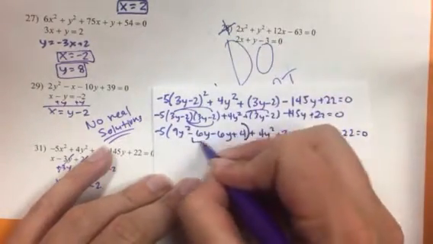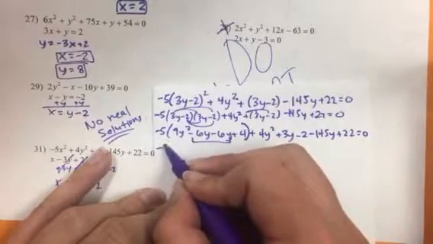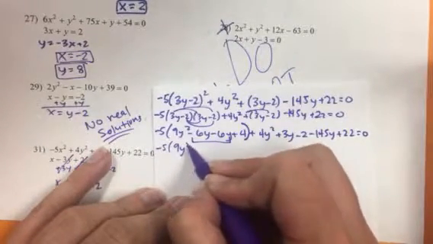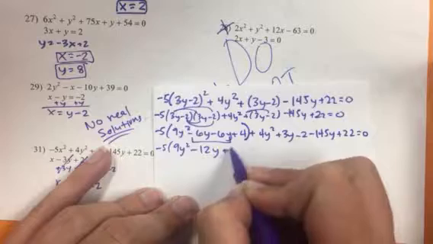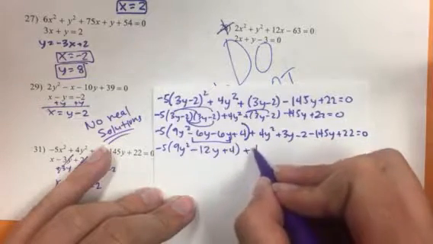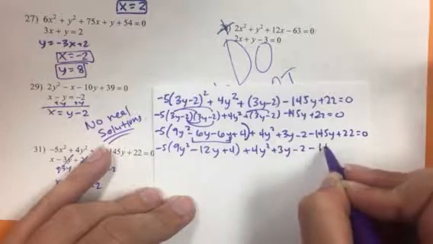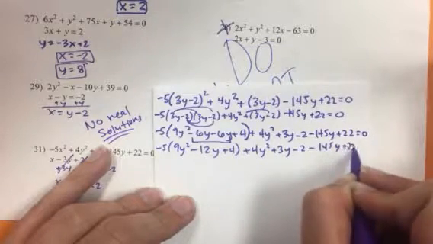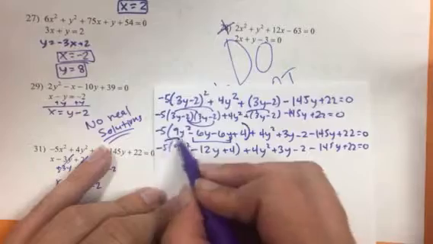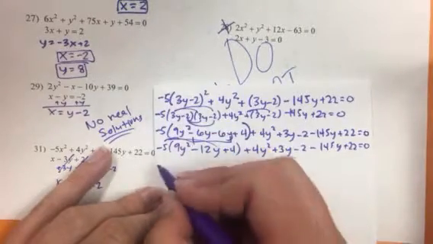All right, the 6's combined together. Distribute the 5 in since it's in the front.